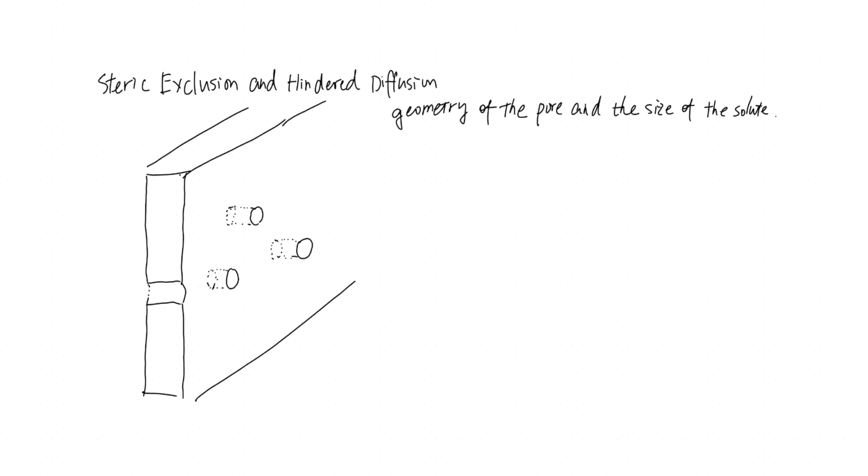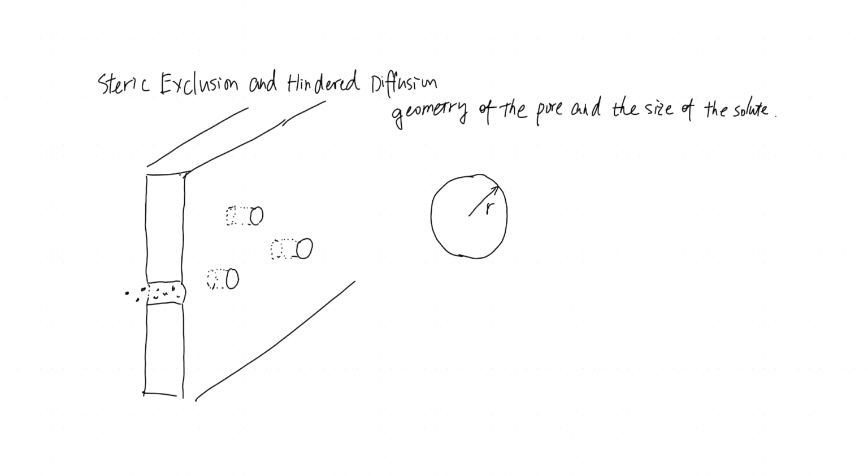Now, if you look at the pores, this is where the solute can go through. So if diffusion happens, that's what happens. And if you look at the cross-sectional area of the pore, it's a circle. Let's say it has radius r.